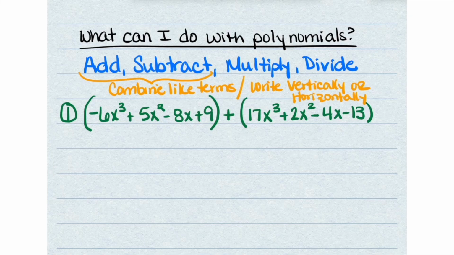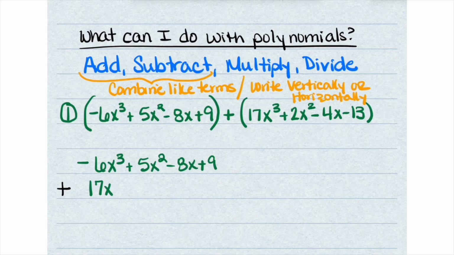And you're like, well, Dr. B, what do you mean by that? Because with adding and subtracting, you combine like terms. I could have written this just like this, and I could have said plus. Now I'm going to line up all of the like terms.